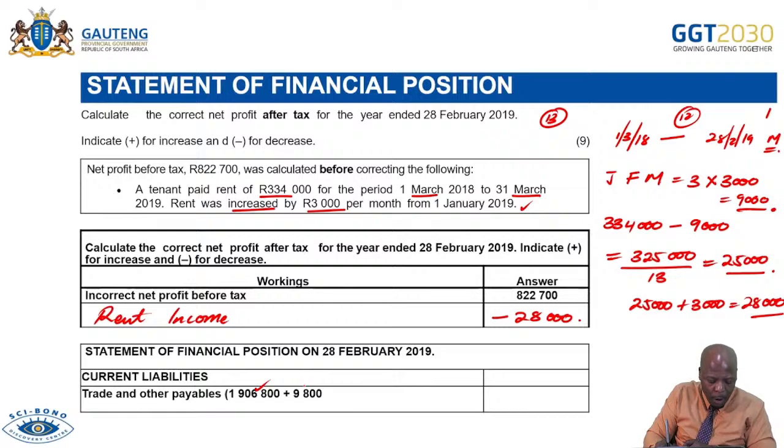That amount was supposed to go to trade and other receivables, so let's ignore this one. Then we're going to say plus how much? Plus my 28,000. So I bring my 28,000 over here. So I have my trade and other payables, which is the 1,906,800 plus my 28,000.